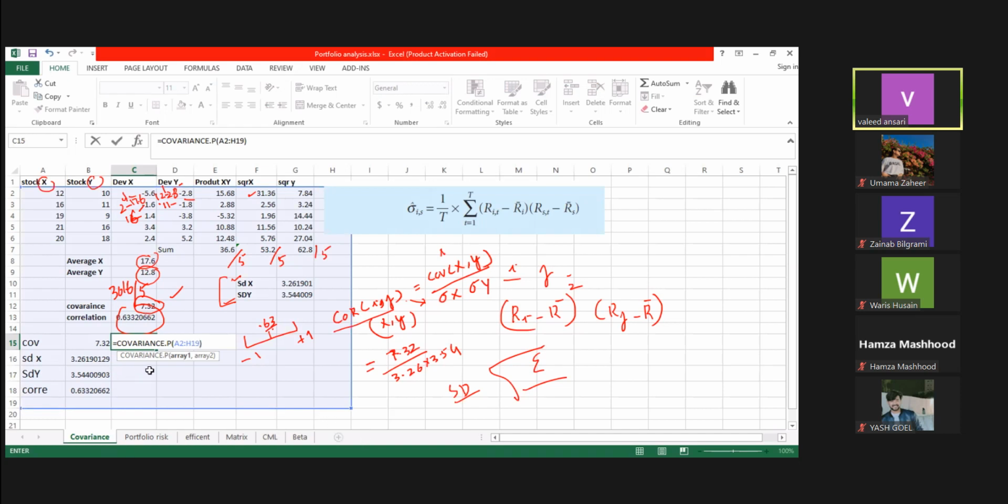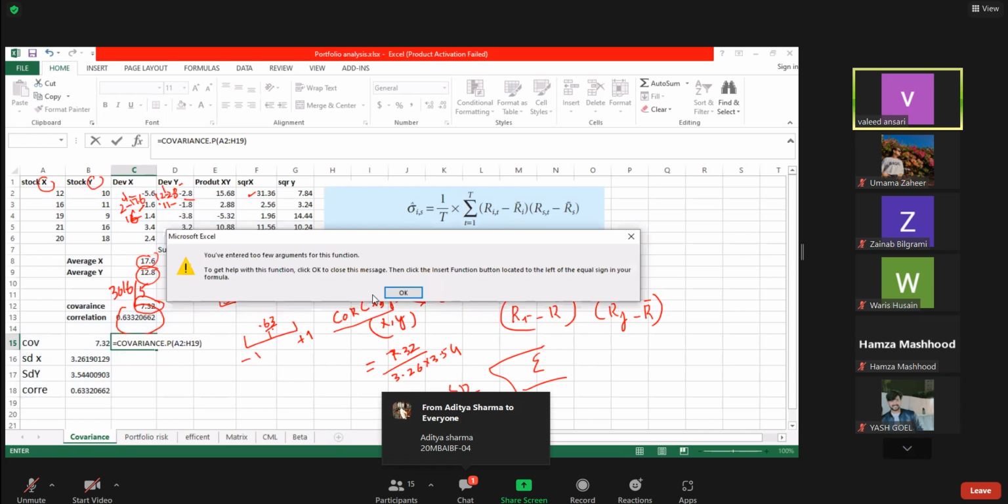So there is a formula exactly when you do this thing. I think there is, let me have to get hell with this function, close in filling the insert function. It will sign.